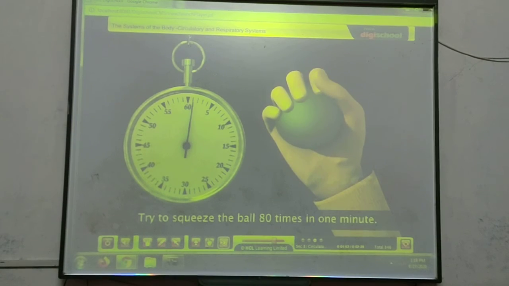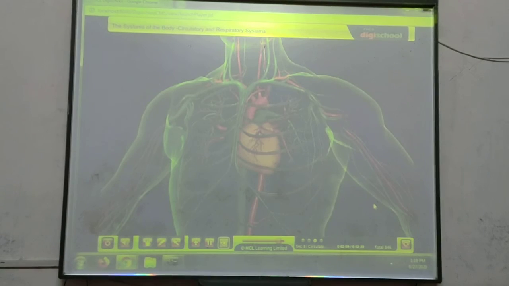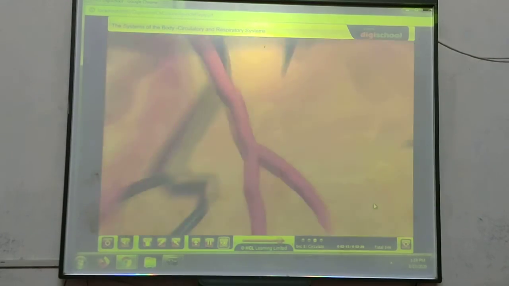Take a ball or a piece of paper and crumple it into a ball. Now try to squeeze it 80 times in 1 minute. Do you realize now just how strong the heart is and how hard it has to work all the time?